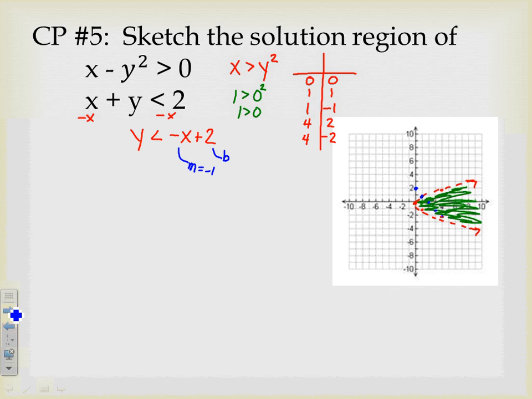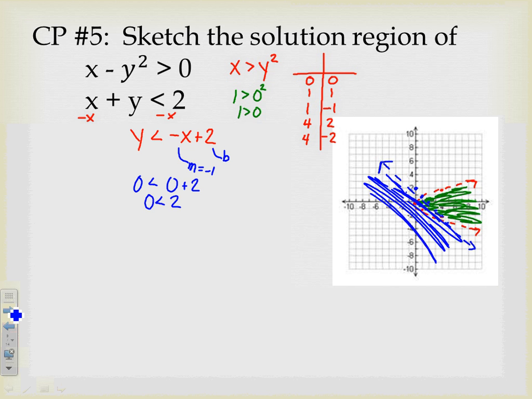The symbol has no equal bar, so we're going to do another dotted line. Shading. Pick a point. I can use (0, 0) this time. 0 less than 0 plus 2. So ask yourself, is 0 less than 2? Sure it is. So my blue shading will cover (0, 0).